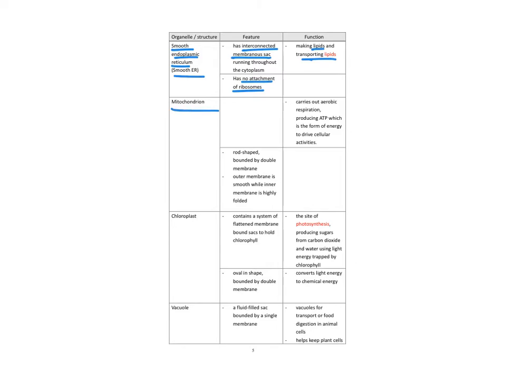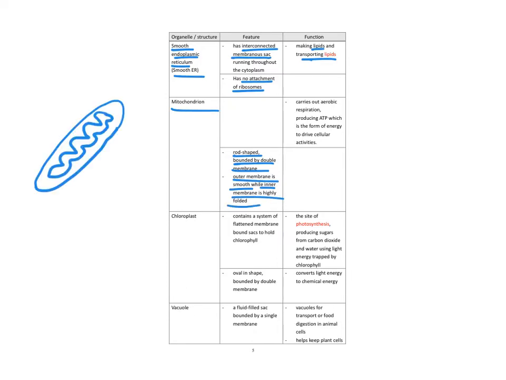Mitochondria is a rod-shaped organelle bounded by a double membrane. The outer membrane is smooth while the inner membrane is highly folded like this. The function of mitochondria is to carry out respiration, of course. Aerobic respiration means respiration that requires oxygen.